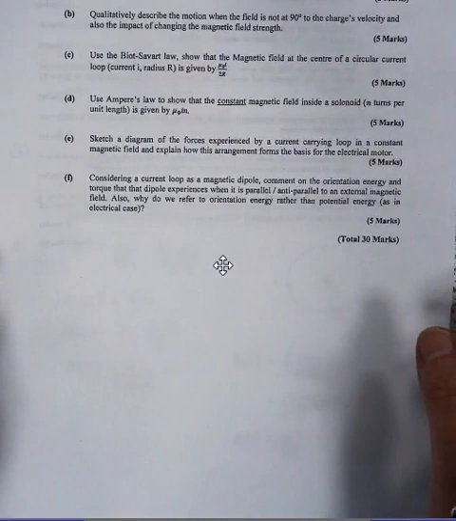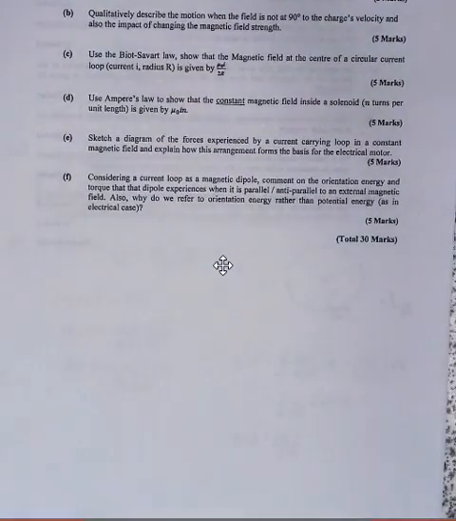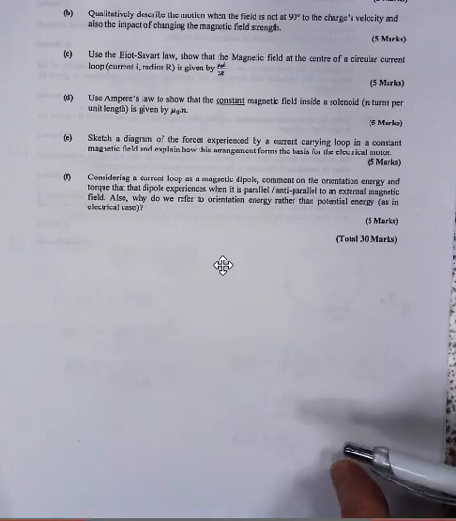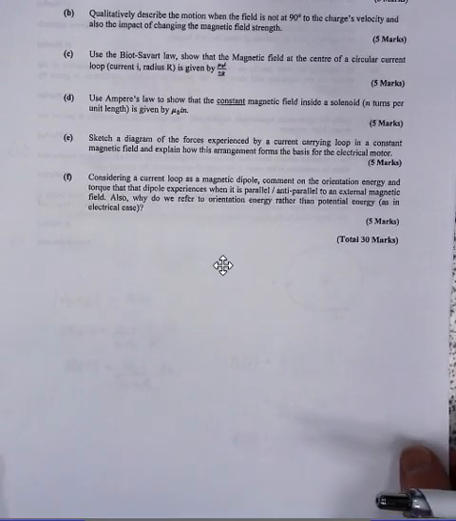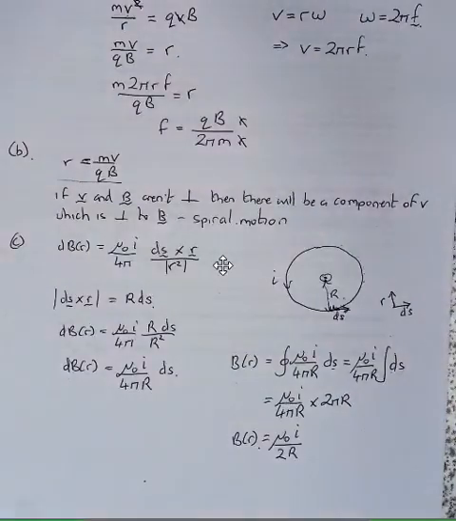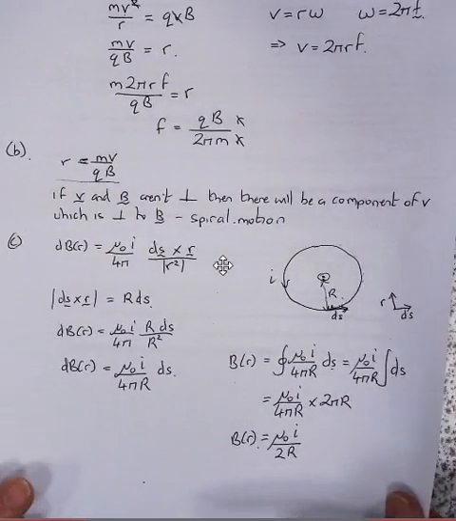Question 3D, 2022. Use Ampere's law to show that the constant magnetic field inside a solenoid is given by mu naught In, or mu naught NI is the way I normally see that written. Okay, and we're using Ampere's law, so again, you need to know which law is Ampere's law.